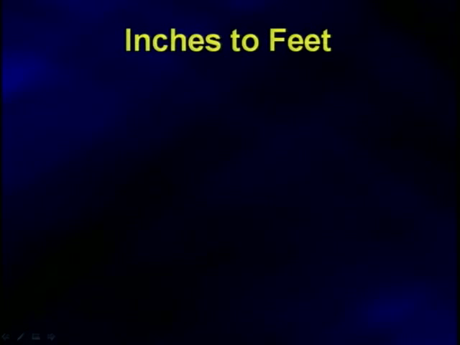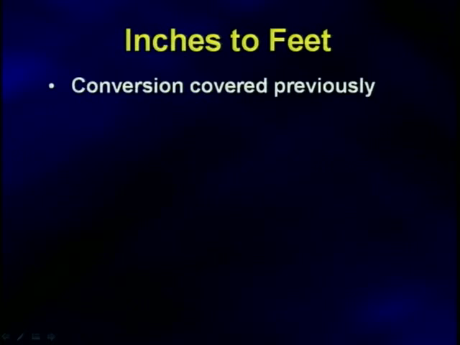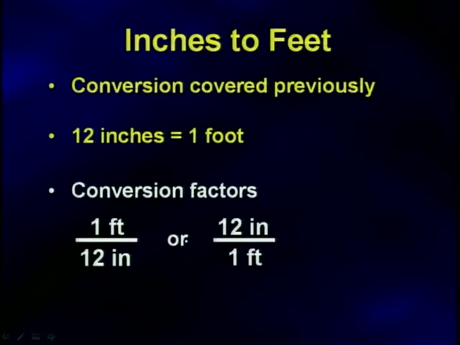Good. Next, let's talk about how to change inches to feet. Now, this is a conversion that we talked about previously in lesson 5, but we're going to show you another way to do it. Remember, the conversion was that 12 inches equals 1 foot. So we're going to use these conversion factors as fractions.